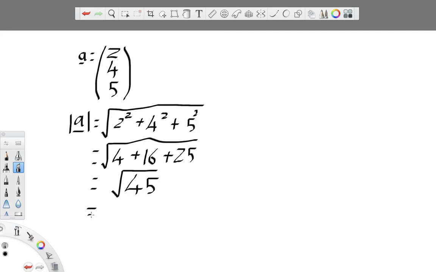And again, if we're going to write that in surd form, 45, well, that's 9 times 5, which is simply root 9 times root 5. Root 9 is 3, and we can't make the square root of 5 any simpler because 5 is obviously a prime number. So 3 root 5 is the magnitude of that vector.